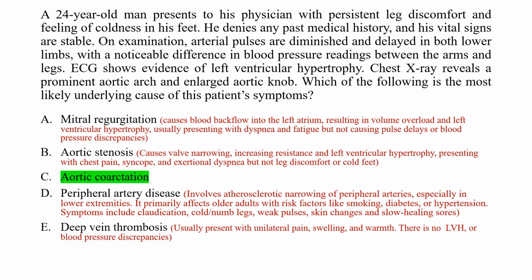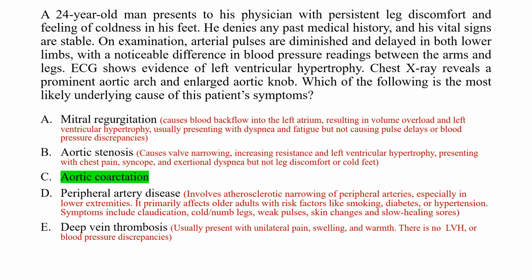Option D, peripheral artery disease, is a condition characterized by atherosclerotic narrowing or blockage of peripheral arteries, most commonly affecting the lower extremities. It typically affects older adults with risk factors like smoking, diabetes, or hypertension, and the symptoms include intermittent claudication, coldness and numbness in the legs, weak pulses, shiny skin, leg weakness, and slow healing sores.